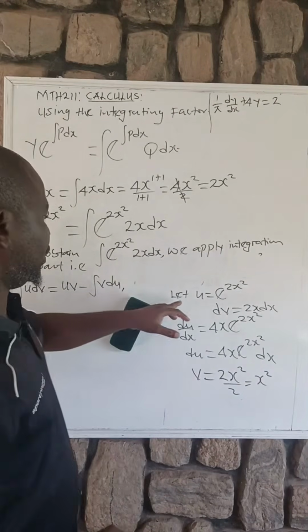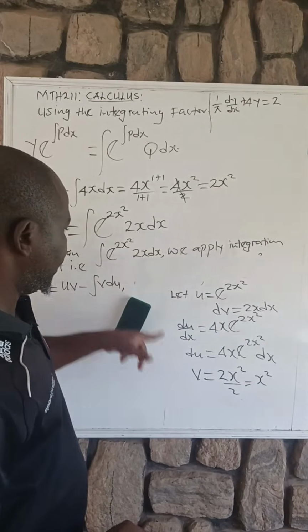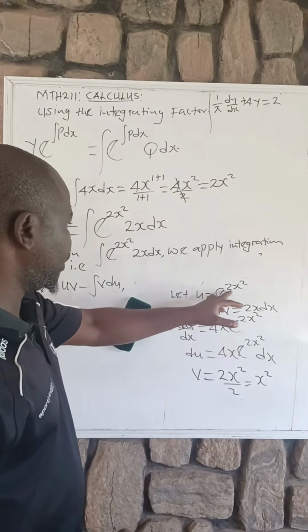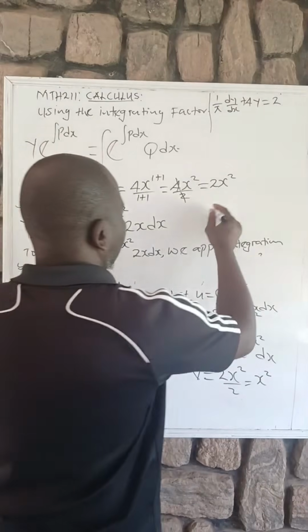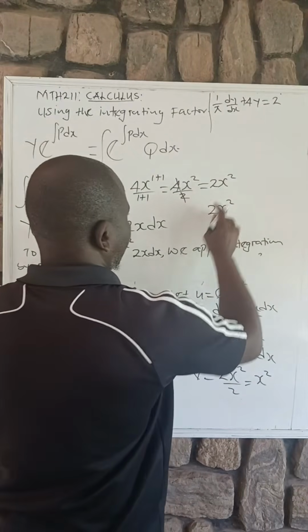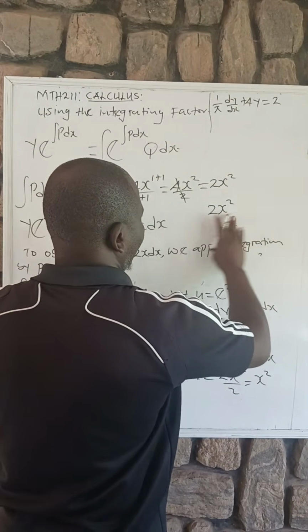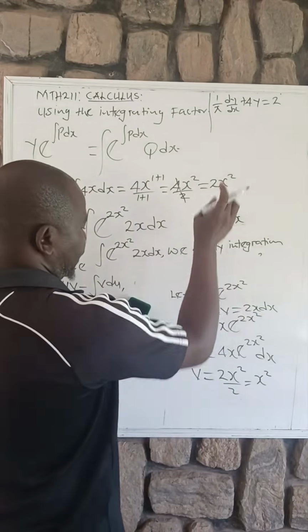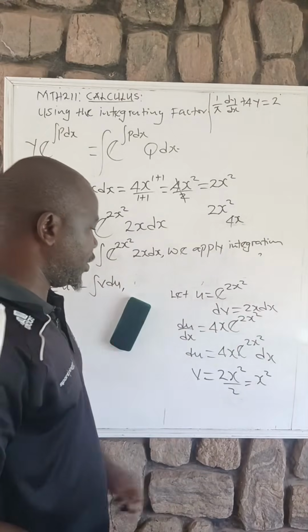I tried to change it: let u equal exponential 2x squared, then dv equals 2x dx. So when you differentiate exponential 2x squared, if you differentiate 2x squared, you are supposed to have 4x, right? So multiply the function back, 4x times exponential 2x squared.